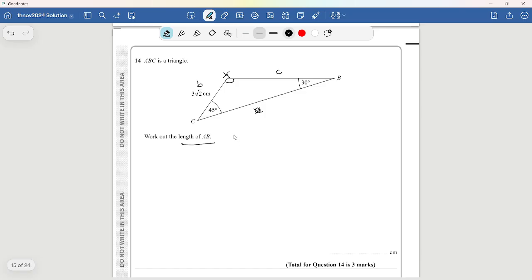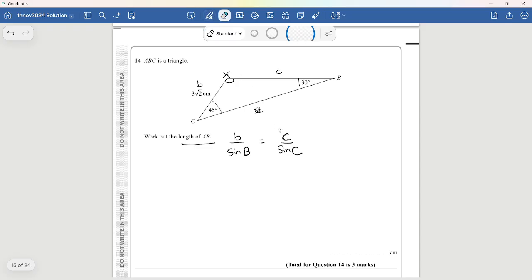So it will be b over sine B equals c over sine C. Sorry, this is small c actually. Let me rewrite it again. This is c over sine C. Okay.